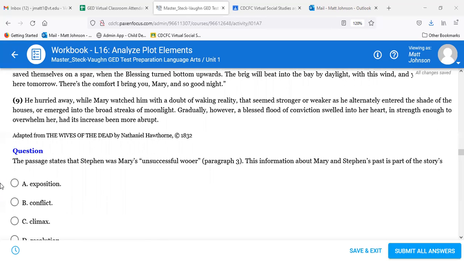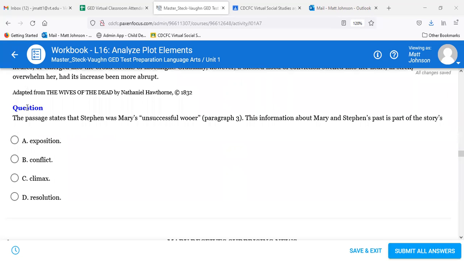So the question here says the passage states that Stephen was Mary's unsuccessful wooer. The information about Mary and Stephen's past is part of the story's A, exposition, B, conflict, C, climax, or D, resolution. See? It's A, the exposition, right? We're getting some background information between the two.